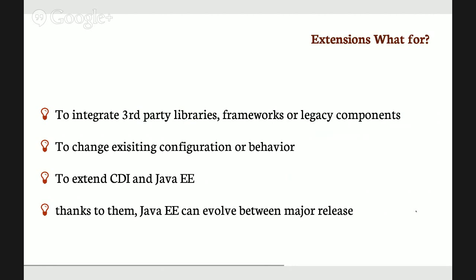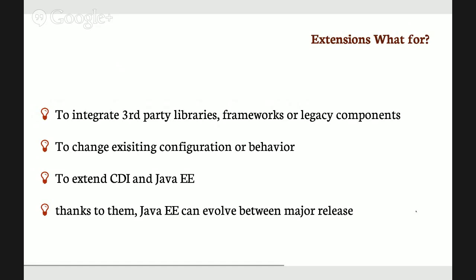And a thing that is not very often taken into consideration: portable extension is a way to make Java EE evolve between major releases. For instance, next month we will talk about Delta Spike. The Delta Spike project provides some features that will be standardized in the next release of CDI.